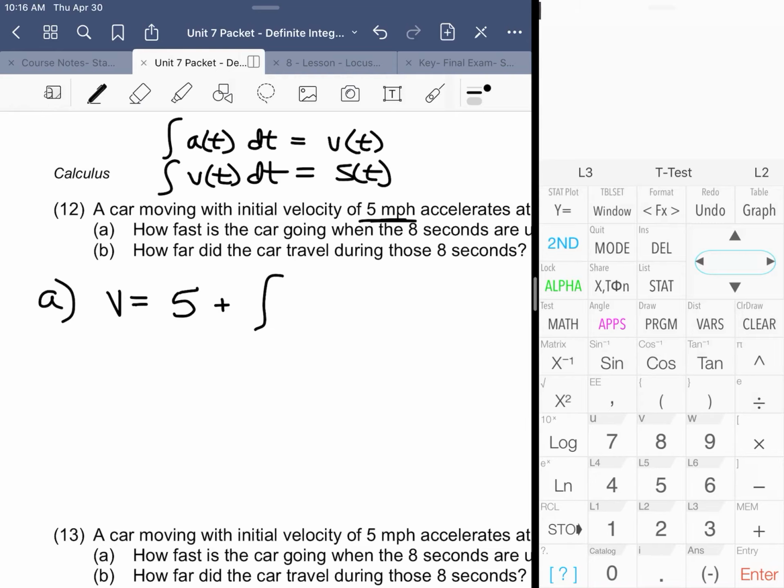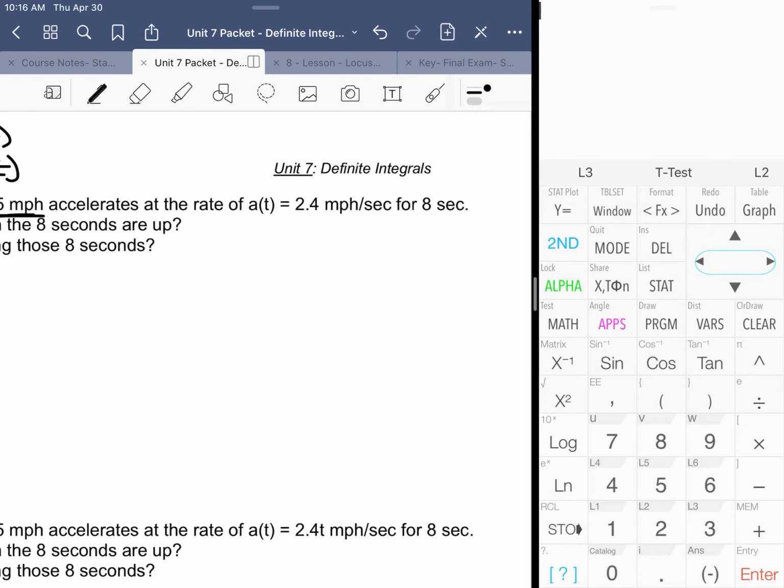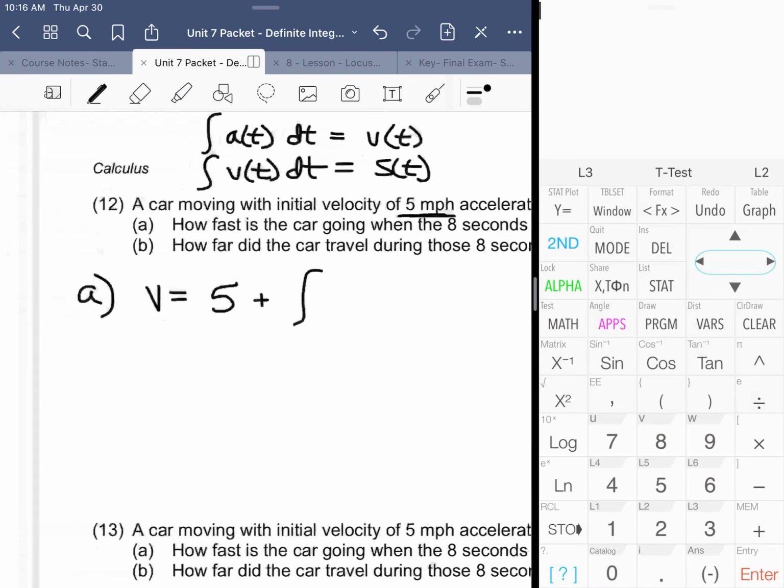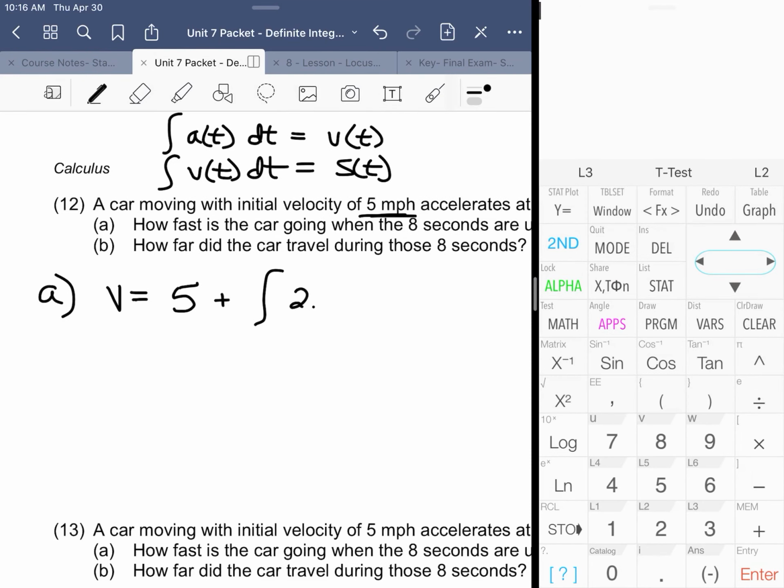So velocity is, well, it's starting off with an initial velocity of 5 miles per hour. So it's that plus the antiderivative of the acceleration model. All right, that acceleration model is 2.4 miles per hour per second for 8 seconds.